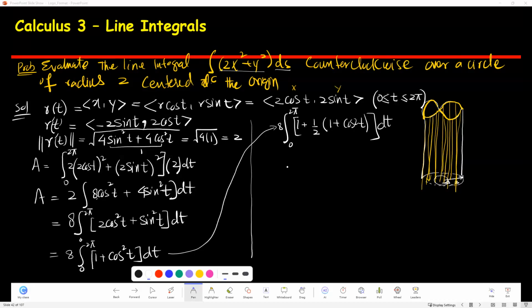Now I think I can solve it in a much simpler way, so let's do it now.